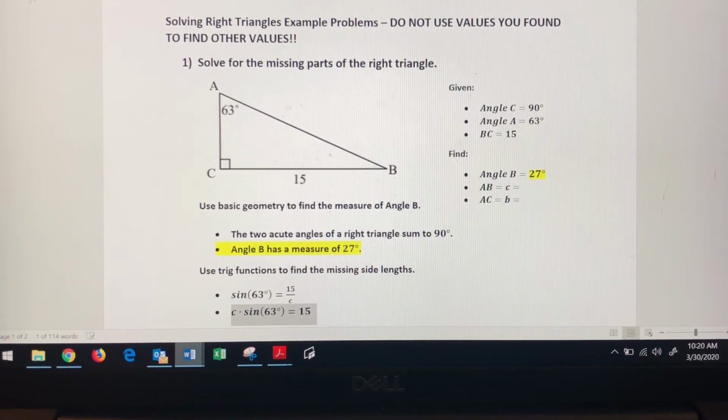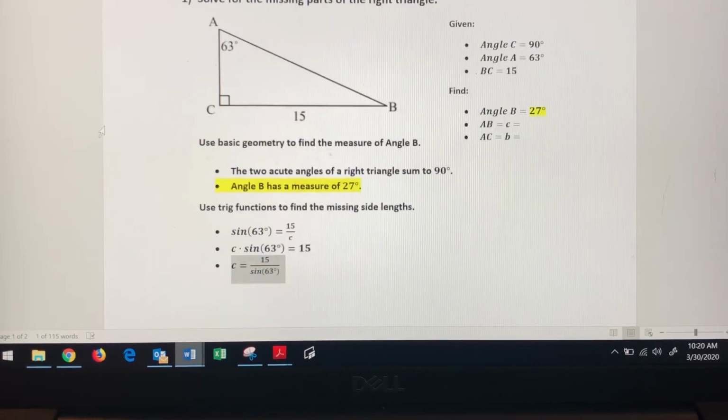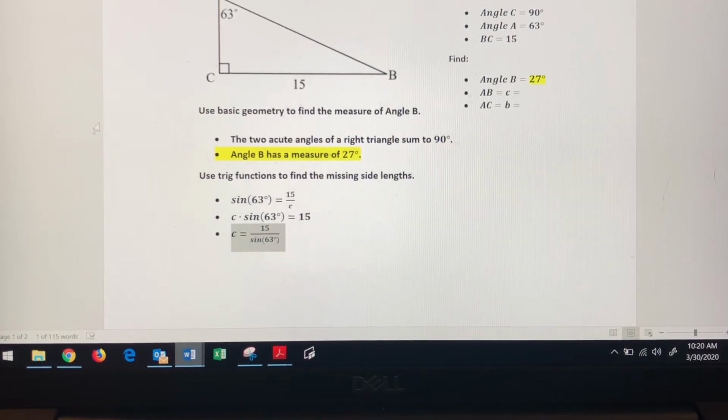We're going to multiply both sides by C, and then divide both sides by sine of 63. Let me scroll down so that we've got enough room to solve for side C. So the hypotenuse in this problem should be approximately 16.83. You'll use your scientific calculator to find that value. So we know side C is 16.83.